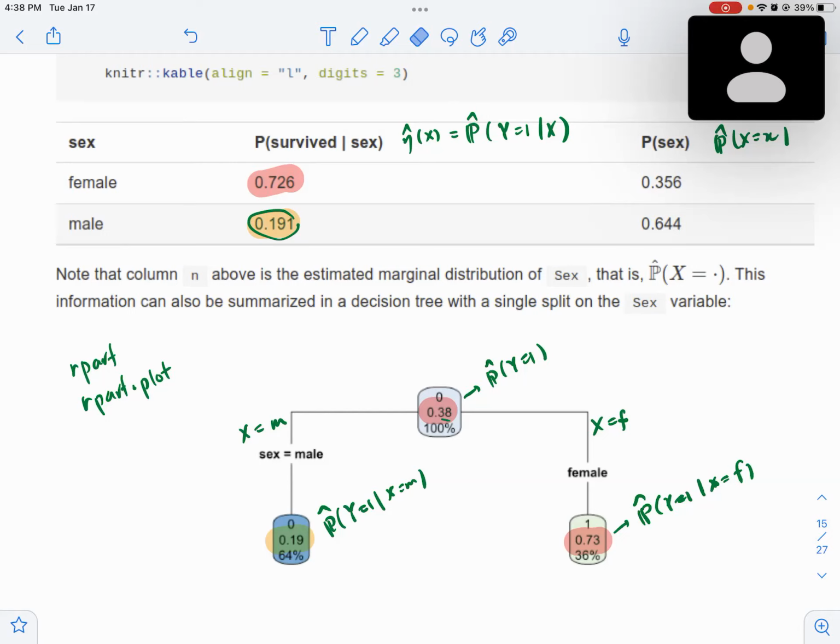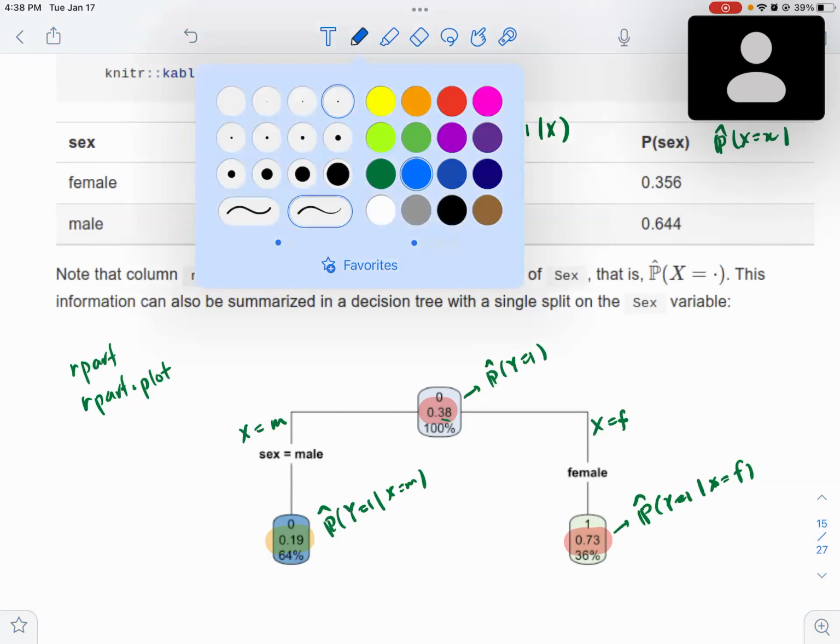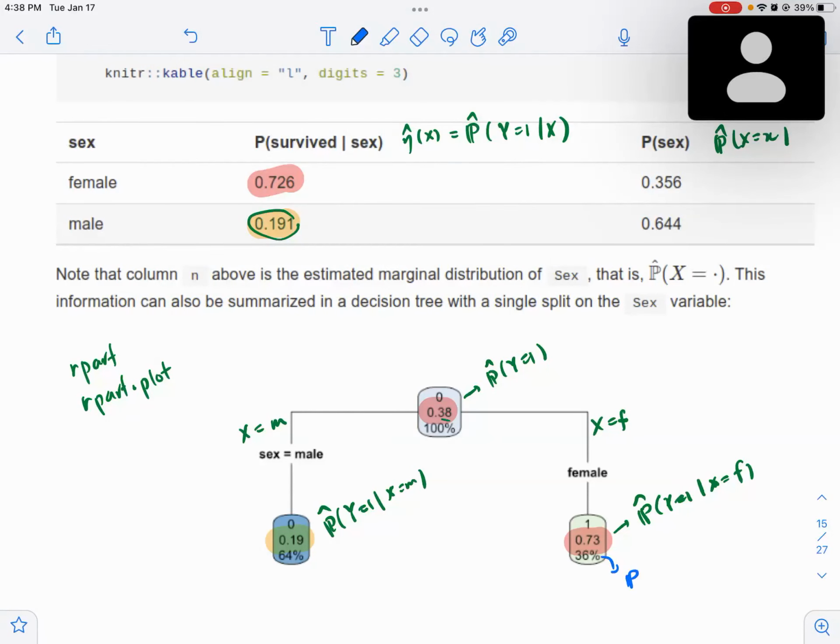So this is the probability. Sorry, what this other one is, this is our p hat of x equal f. This is p hat of x equal male, and 100% is just everything is here.